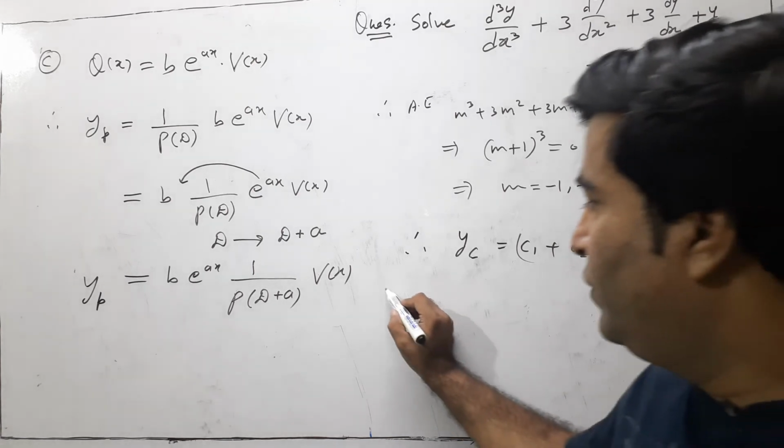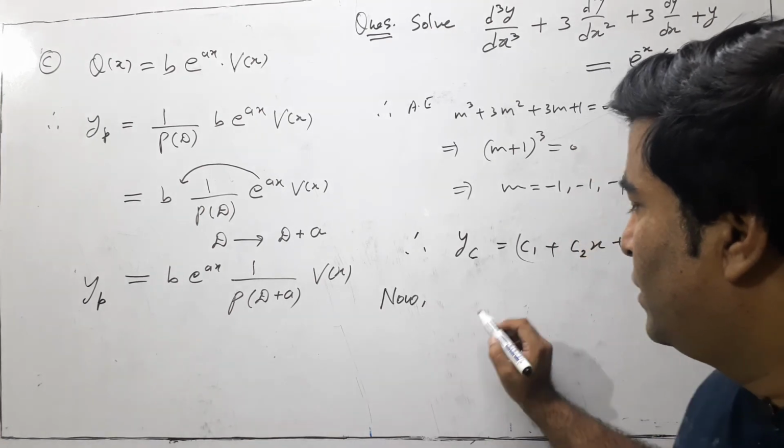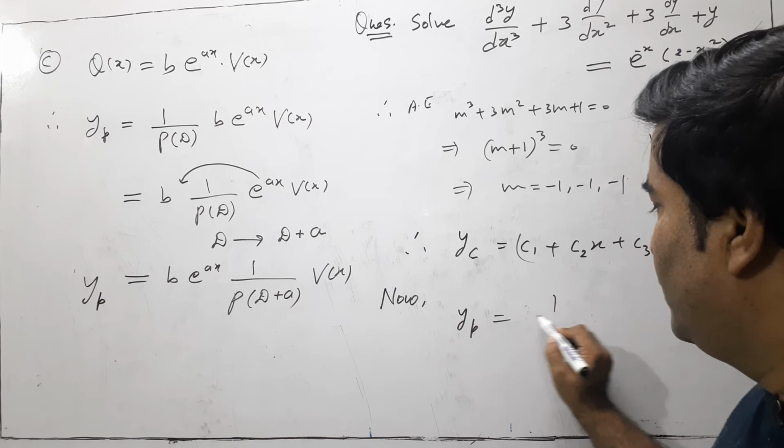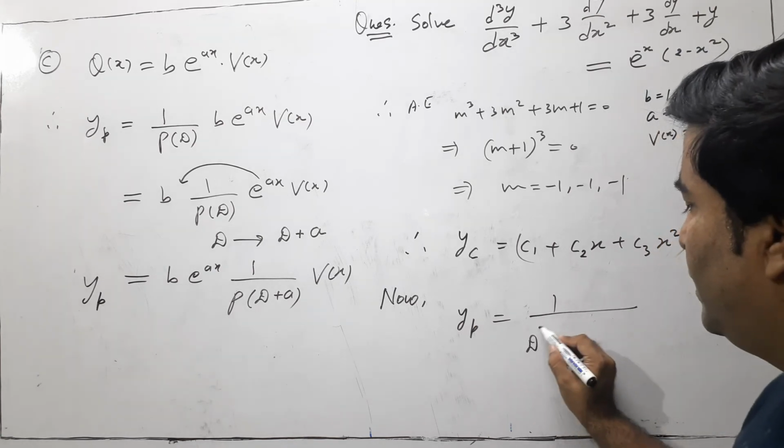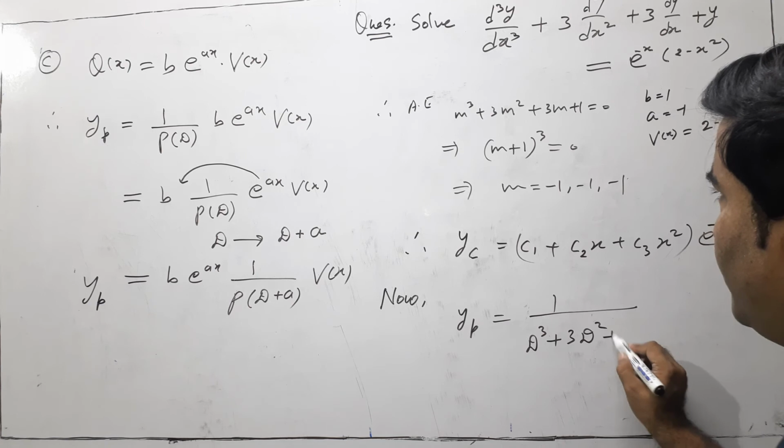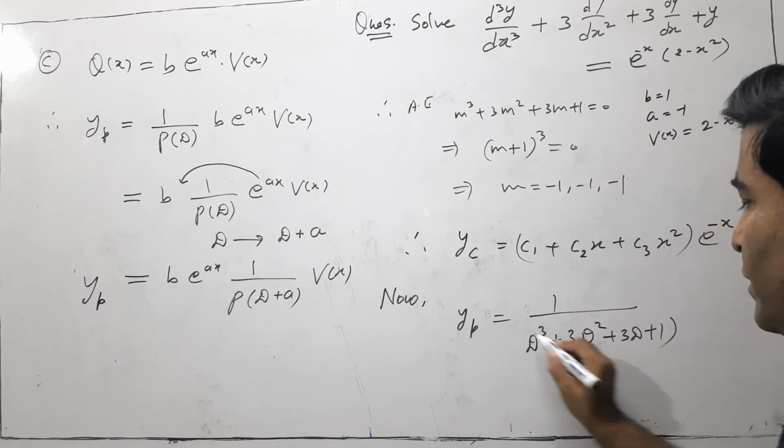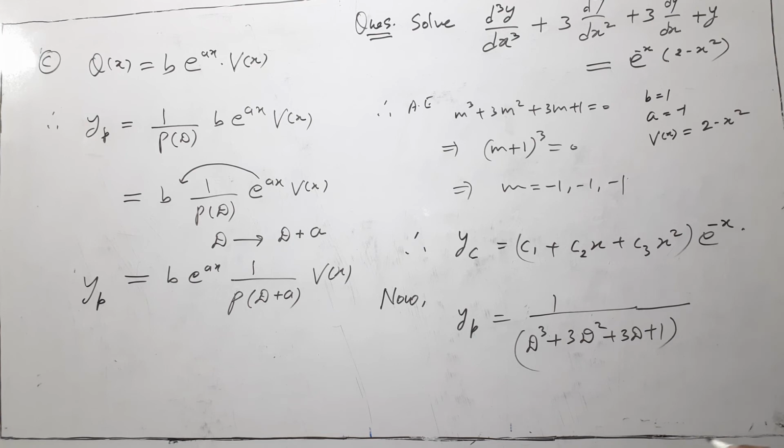Now we find the particular integral: 1 upon (D cube plus 3D square plus 3D plus 1) operating on e to the power minus x into (2 minus x square). So it is clear that Q(x) is the product of e to the power minus x and 2 minus x square.